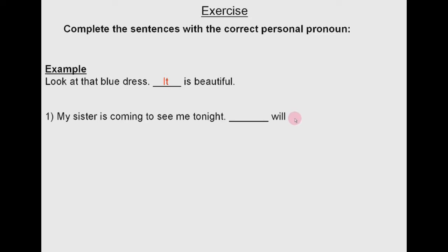Question 1, and I will give you a few seconds. The answer is, my sister is coming to see me tonight. She will be here at 7 p.m. Question 2.